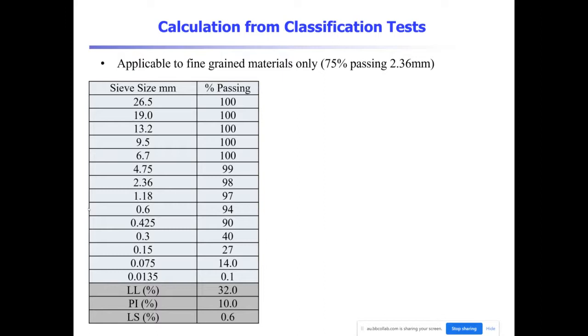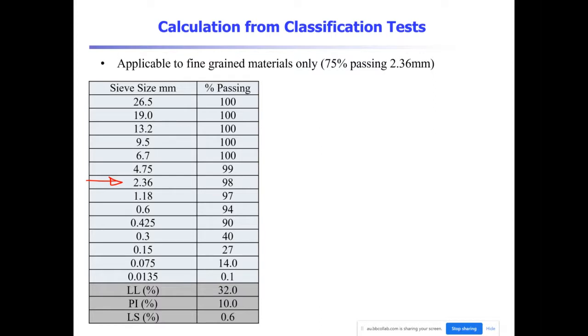In order to check that, we need to look at the sieve size 2.36. You can see that the percentage passing this sieve size is 98%, so 98% is smaller than 2.36 millimeter. So this is okay. We can use the method. The soil is considered a fine grained material.